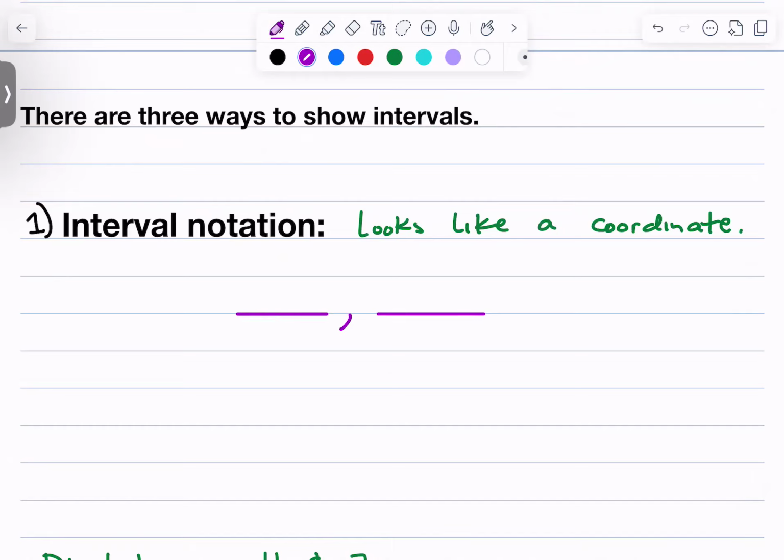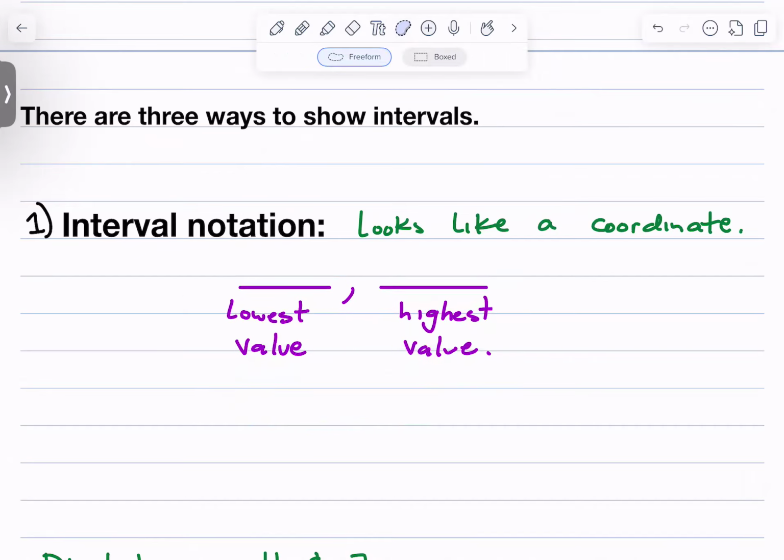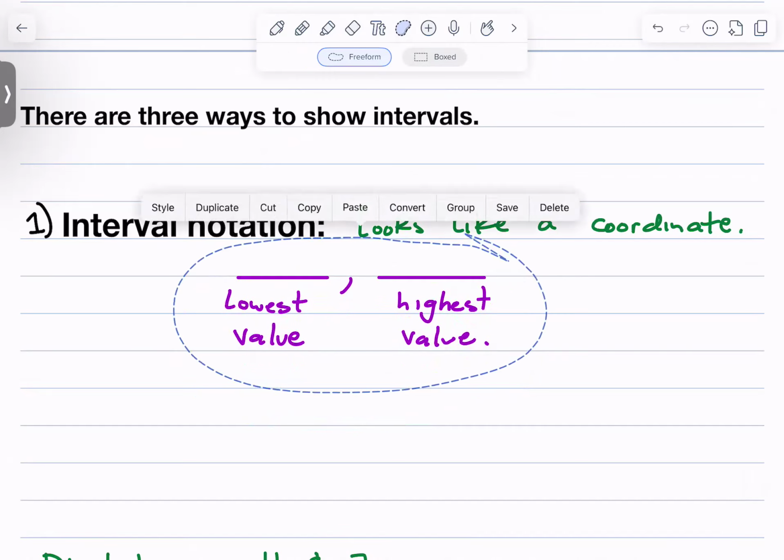Okay. And that left-hand side number will represent my lowest value. Okay. My right-hand side number will be the highest value. All right. Okay.